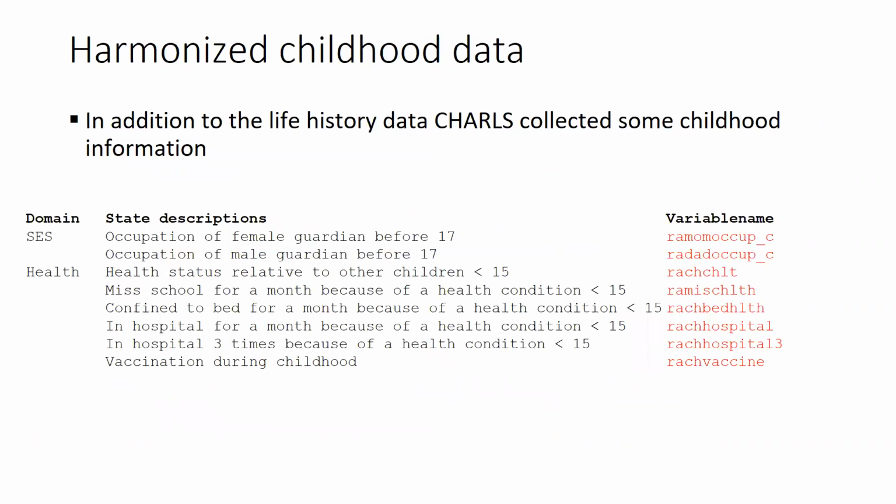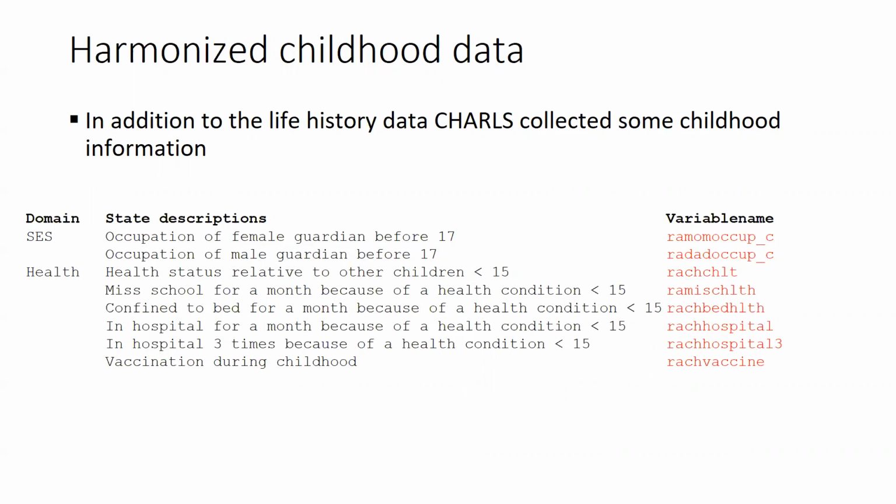We also did include information about childhood conditions in the harmonized data set. There we tried to be as close as possible to what SHARE and ELSA included as childhood conditions.